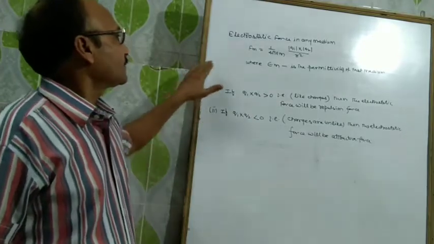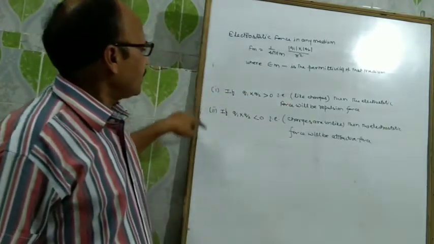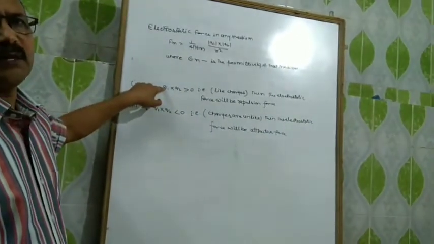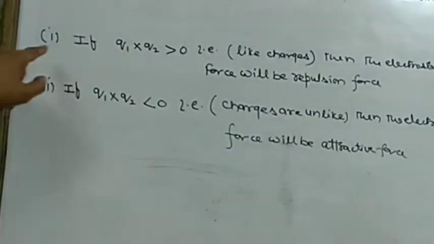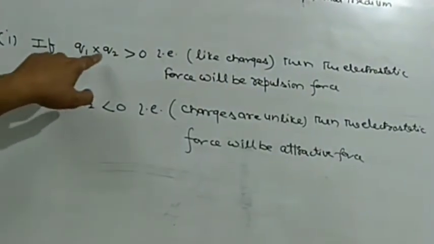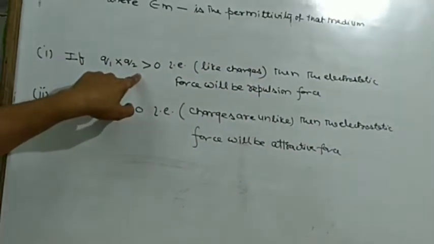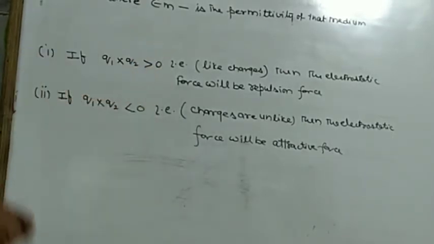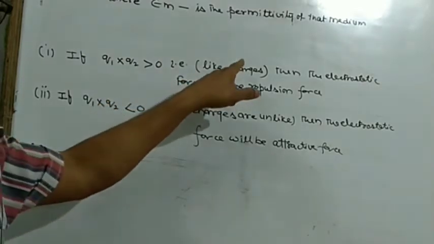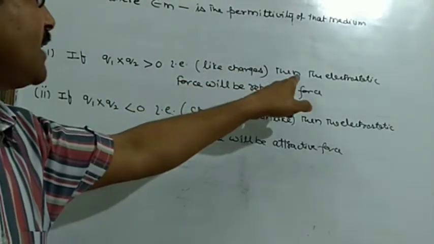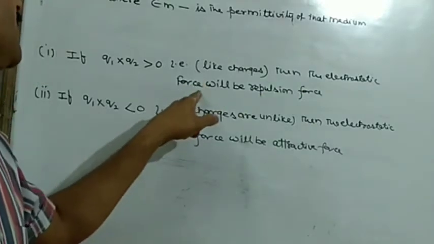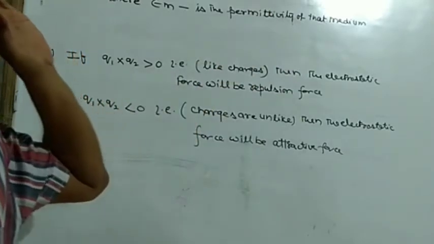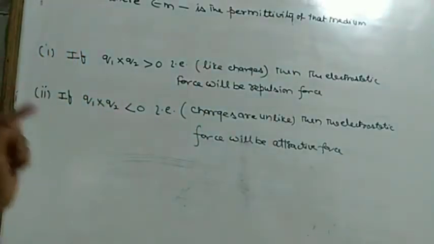After this, there are two conditions. Due to that, we can identify whether the force will be attractive or repulsive. First condition, if Q1 into Q2 is greater than 0, that is, the charges are like charges, then the electrostatic force between them will be repulsive force.